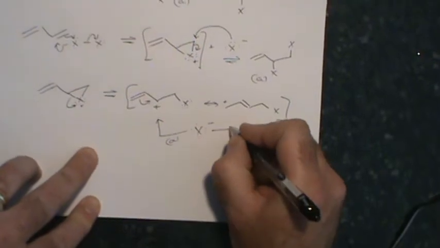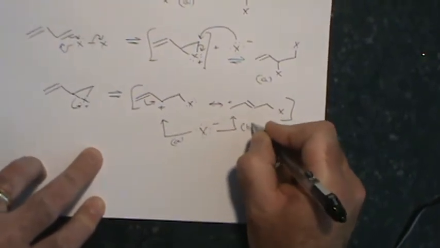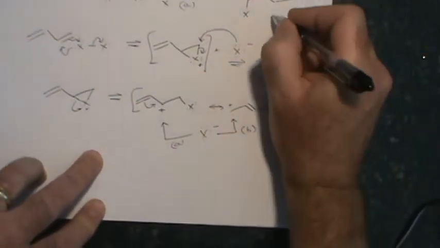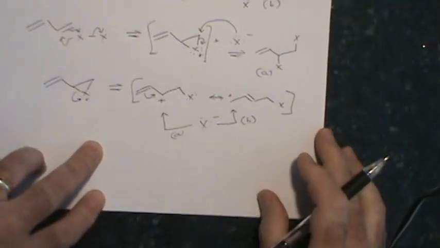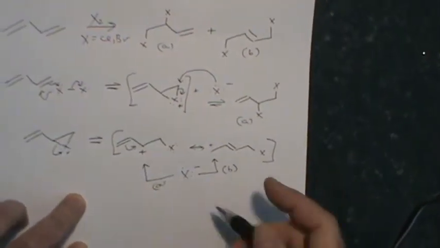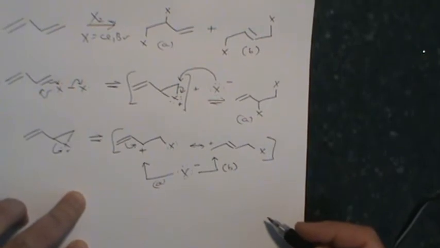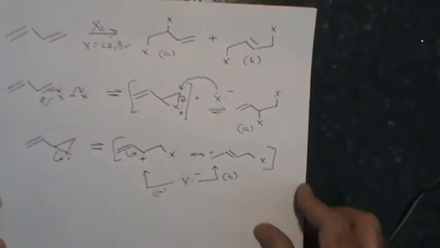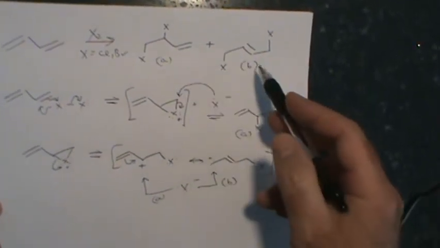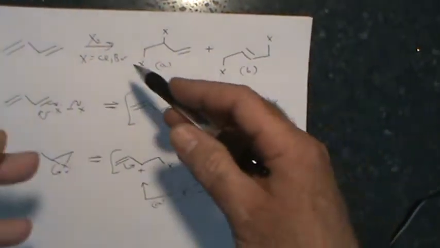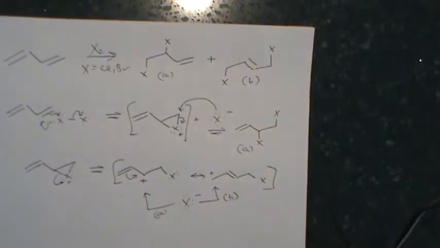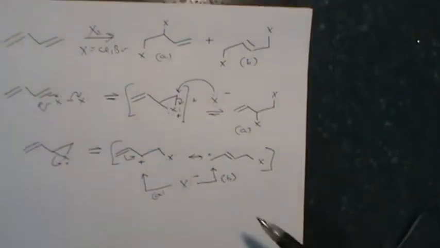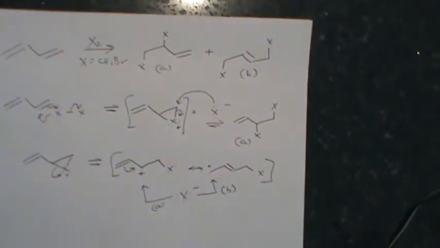But if it attacks this carbon, then I produce this product, which we'll call product B, resulting from path B. So this is another interesting reaction where a conjugated pi system gives rise to more than one product, and we can explain product formation if we understand the effects of conjugation throughout the reaction mechanism.